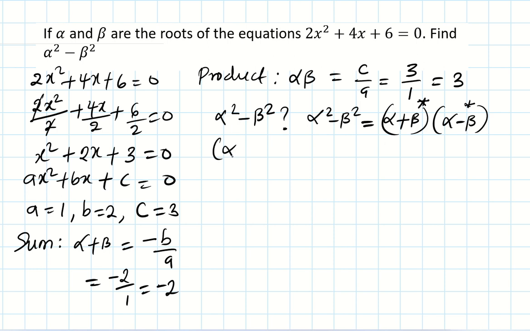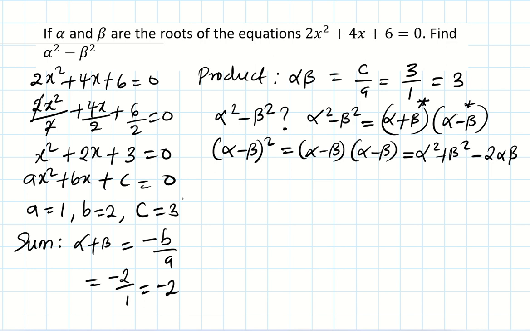Now to find this, we will need to evaluate (alpha minus beta) squared, which is the same thing as (alpha minus beta)(alpha minus beta). On expansion, this is the same thing as alpha² + beta² − 2 alpha beta. Now we have alpha beta, so we need to find alpha² + beta².